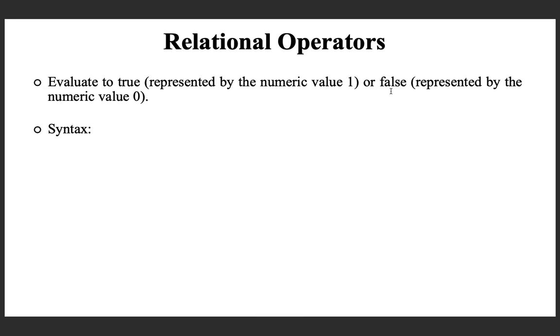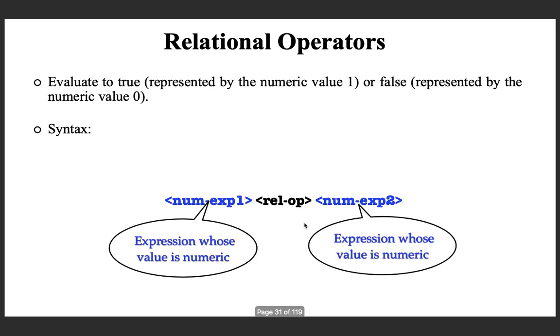Now you can see the general syntax of an expression which is formed using relational operators. So this is the general syntax. What is it? 2 operands are there, that is why it's binary.